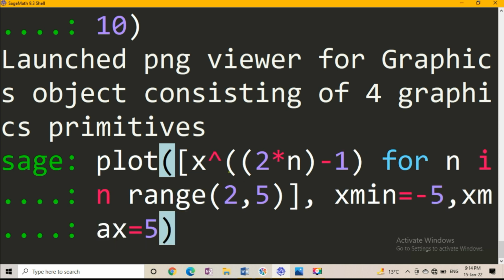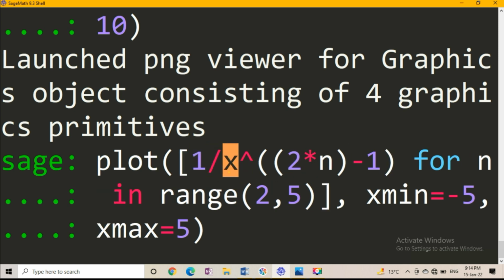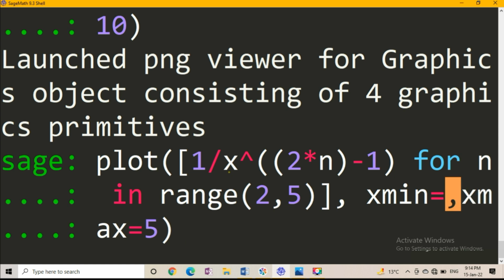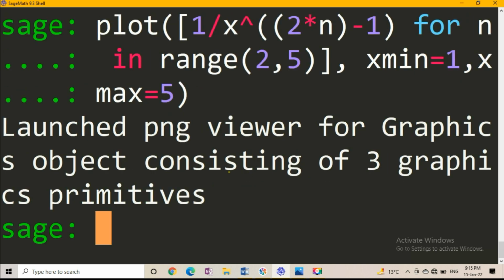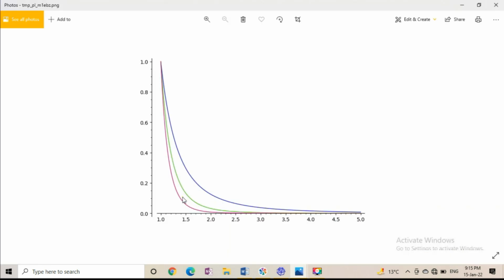Now come on to the next graph, 1 by x to the power 2n minus 1. So we write 1 by x to the power 2n minus 1, and again we substitute the value because 1 by x is undefined for x equal to 0. So we take the values from 1 to 5. Look at this, this is the graph of the function.